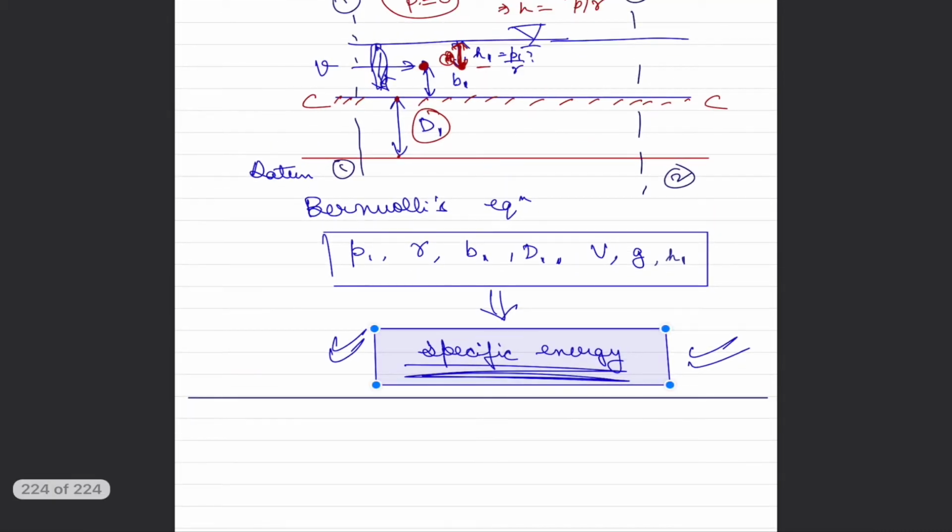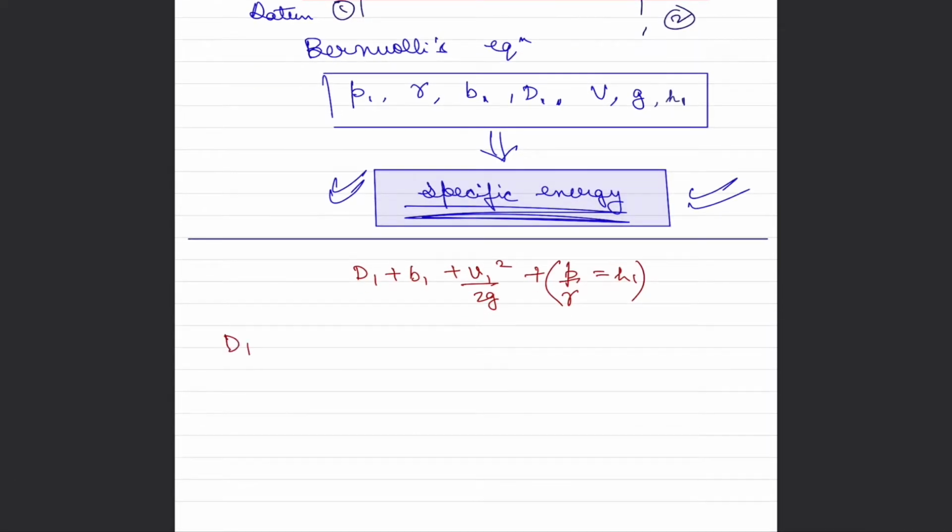We can write that any point which is at height B1 from the bed has total head by virtue of its elevation D1 plus B1, plus there is some velocity component which we can write as V1 square by 2g, plus there is the P upon gamma component, which we just said at this point of interest is going to be H1.